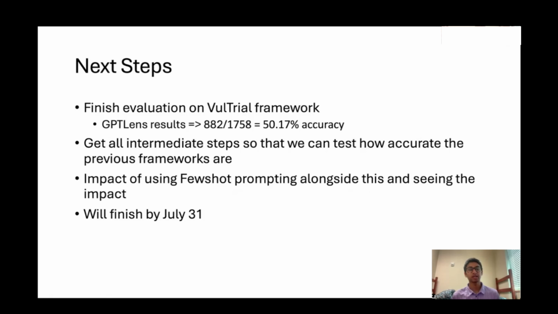Let's say we get a response that is vulnerable with a cross-site scripting vulnerability, however the real vulnerability is an API misuse. Then we want to be able to compare the errors, because it's not really accurate if it only gets the binary decision right and not the actual error. That's something we want to do.